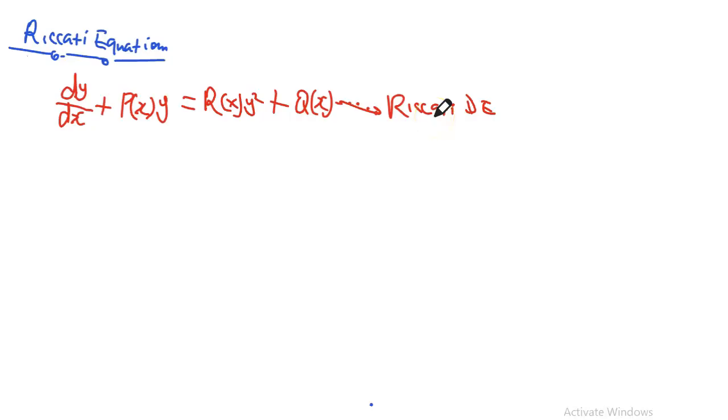This equation is only reducible by linear first order differential equations, or we can reduce it by Bernoulli differential equations.